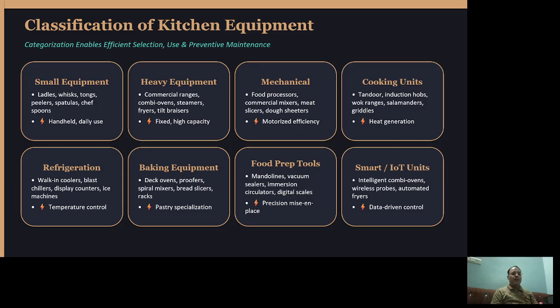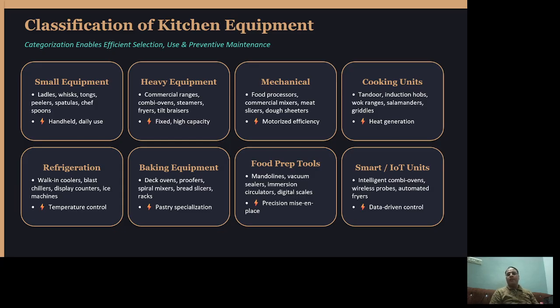Then we have refrigeration: walk-in coolers, blast chillers, all the equipment which is needed to control the temperature in the kitchen. Then we have baking equipments: deck ovens, brewers, spiral mixers, bread slicers, racks, etc. Then we have food preparation tools like mandolins, vacuum sealers, immersion circulators, and digital scales, weighing scales.